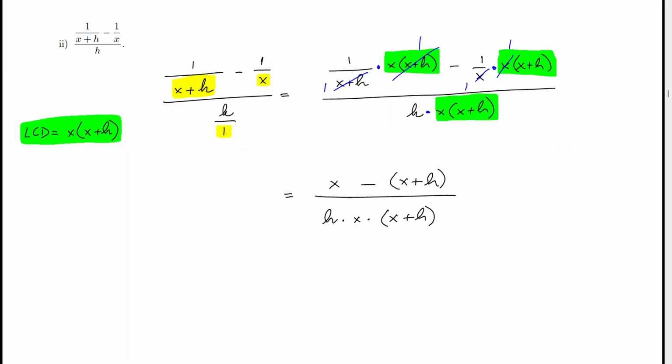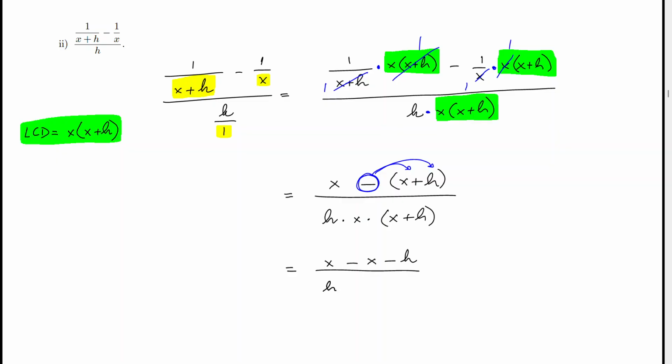Now, be careful again. Do not cancel out the x plus h's. That's not legal. That's not allowed because of the big old minus sign in the middle. So what you want to do instead is distribute this minus sign to the parentheses, add like terms, and see what happens. So if I distribute the negative, I get negative x and negative h.